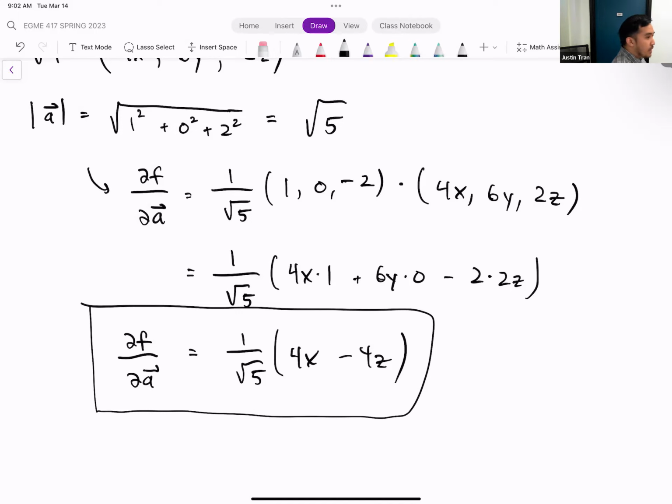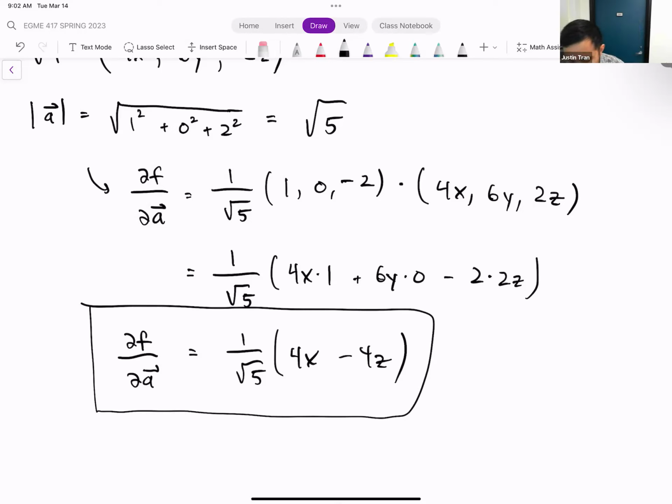All right, any questions on how we obtained this result here? Okay. One thing you'll notice, and you may have noticed this already when we've taken the gradients, is that when we take these partial derivatives, we still obtain functional expressions. So the gradient or the partial derivative of a function is not just a constant.